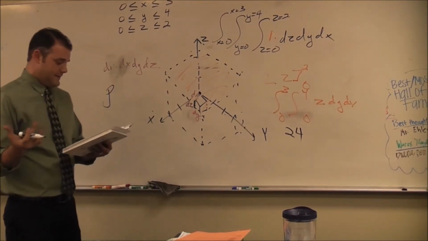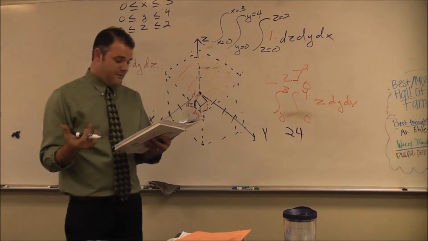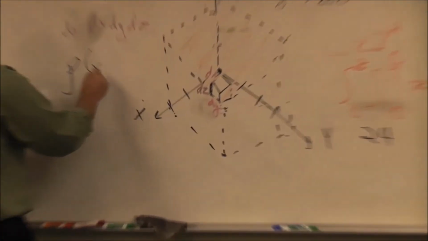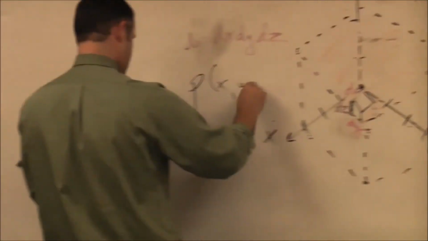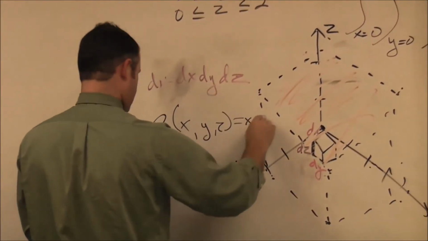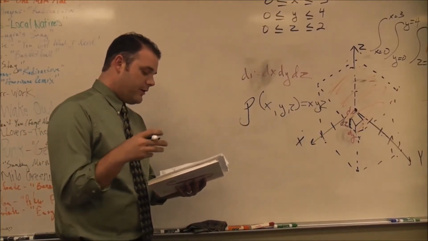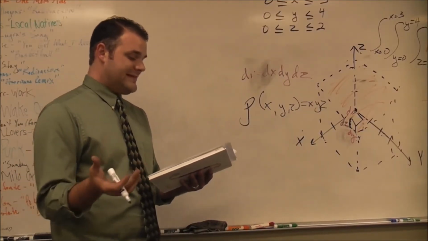Its density is a function of x, y, and z. So if we wanted to figure out the mass of any small volume, it would be that volume times the density, right?